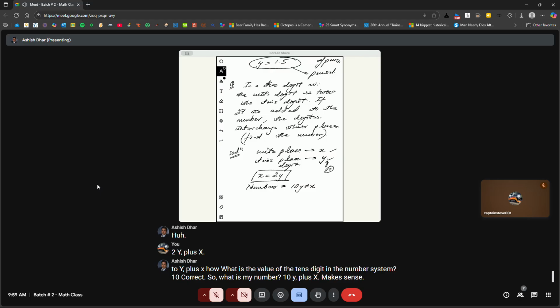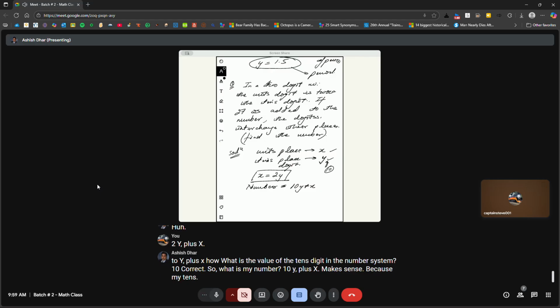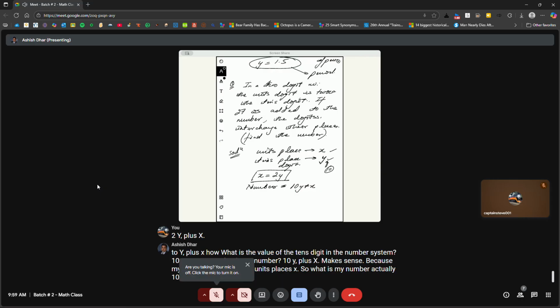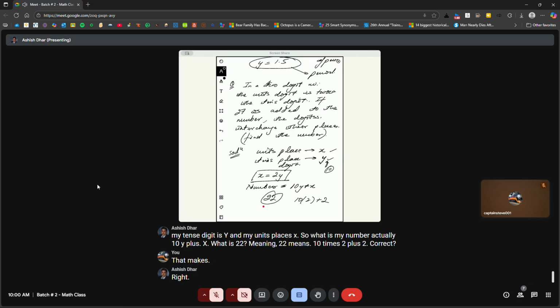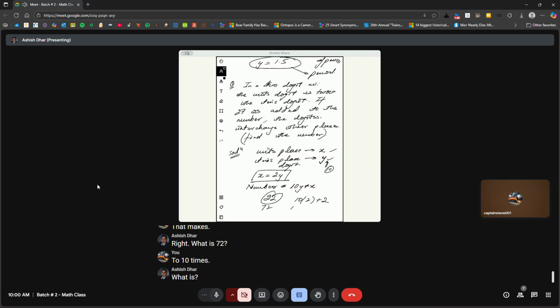Make sense? Because my tens digit is y and my units place is x. So my number is 10y plus x. What is 22 meaning? 22 means 10 times 2 plus 2, correct? What is 72? 10 times 7 plus 2.